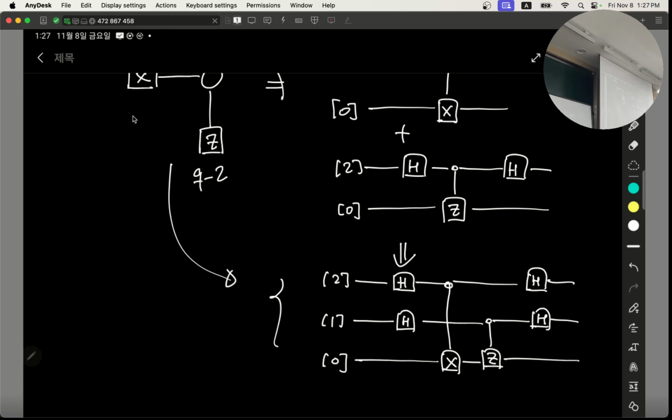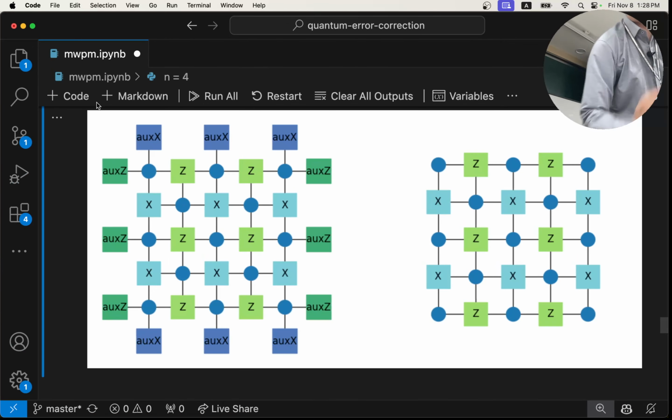So you take the syndrome measurement on the X stabilizer, and take the syndrome measurement on the Z stabilizer. That's what happens. So going back to the situation here.